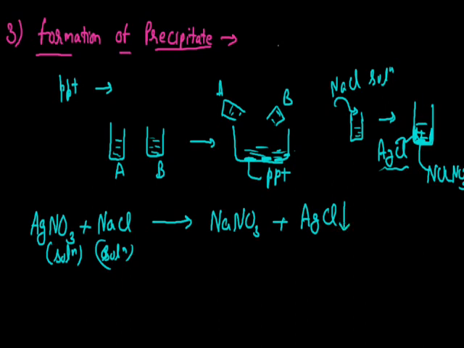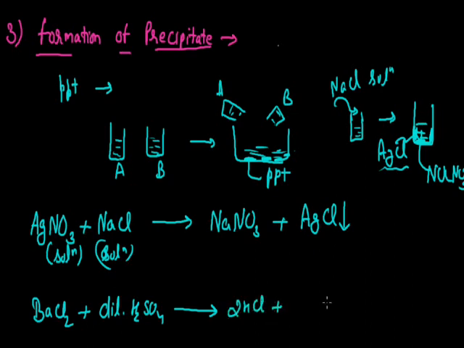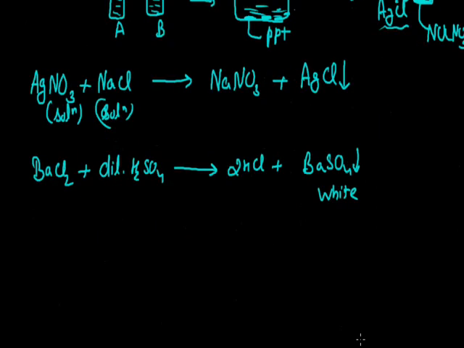Now another example of the formation of precipitate is when barium chloride is made to react with dilute sulfuric acid, H2SO4. By the reaction, a solution of hydrochloric acid is formed with the formation of insoluble barium sulfate that has white color. So here the barium sulfate is working as a precipitate of white color.